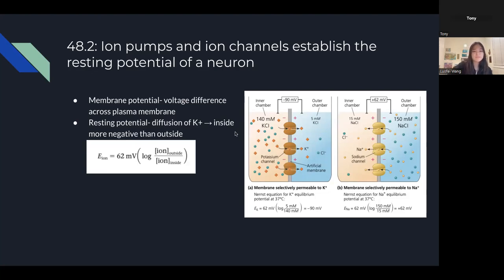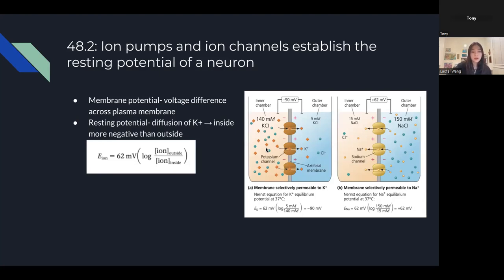This is because there is a selectively permeable potassium channel that allows the outflow of potassium, but not the other ions. Potassium is a positive ion with a +1 charge. So when the potassium flows out, the positive charge leaves the cell and leaves a negative intracellular environment. There are also chloride ions, but they don't have a way of getting out, so the inside of the cell will be more negative.